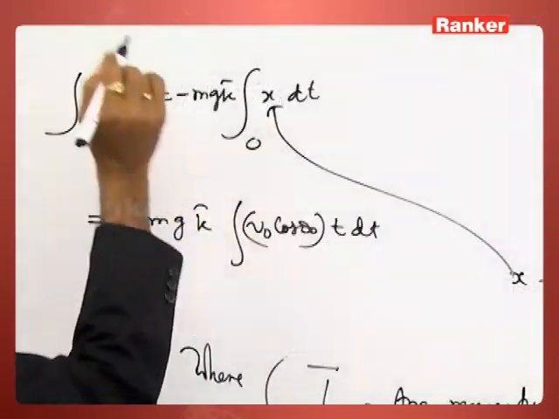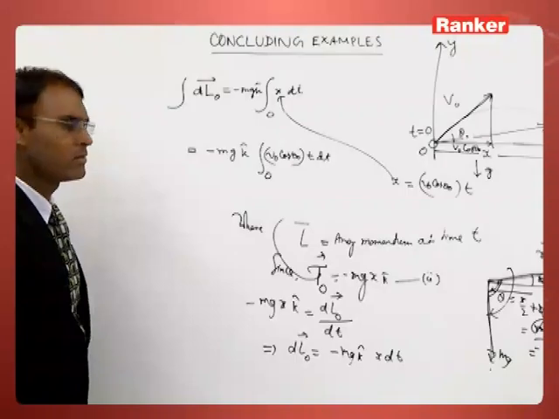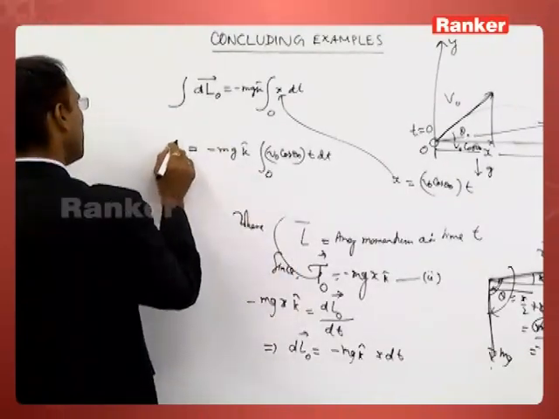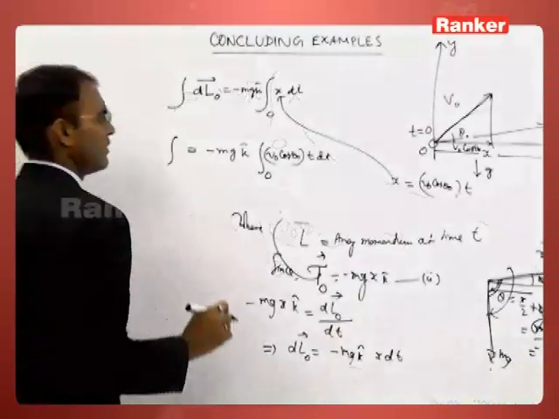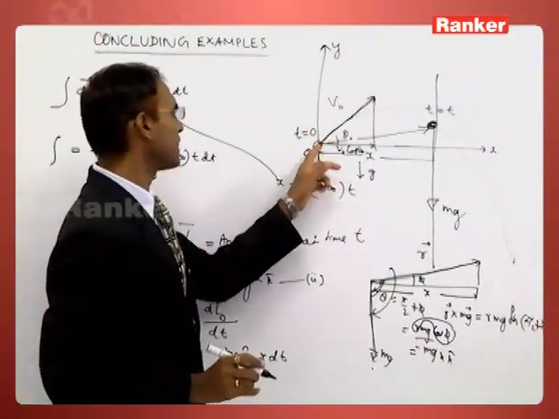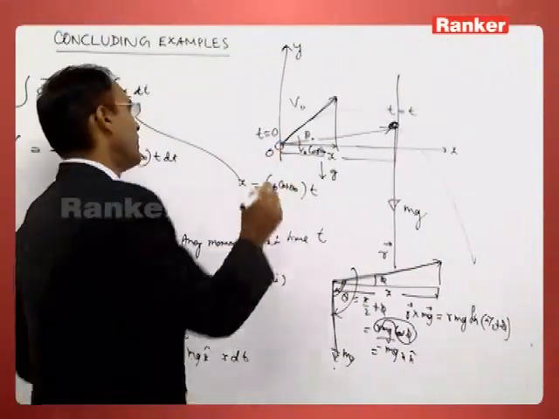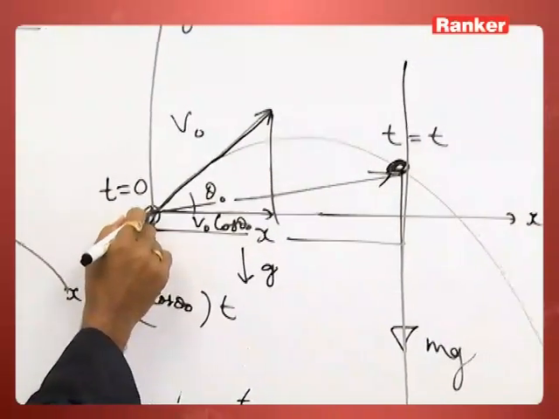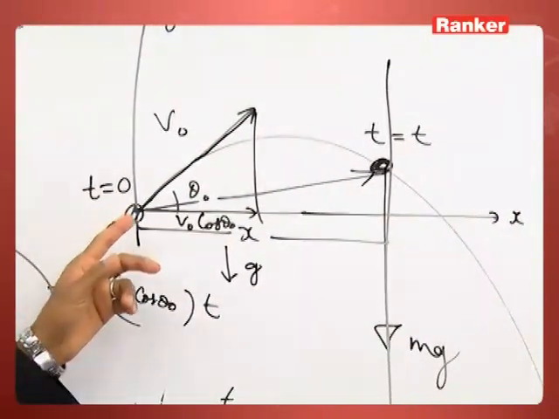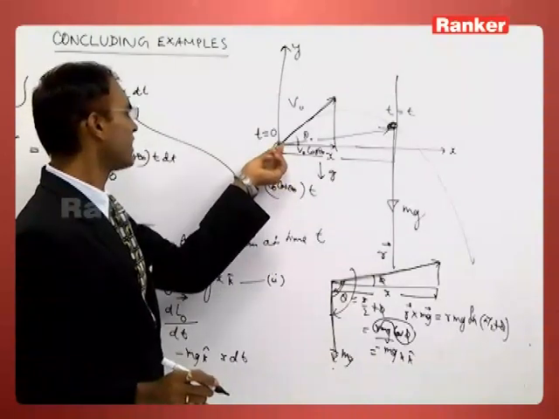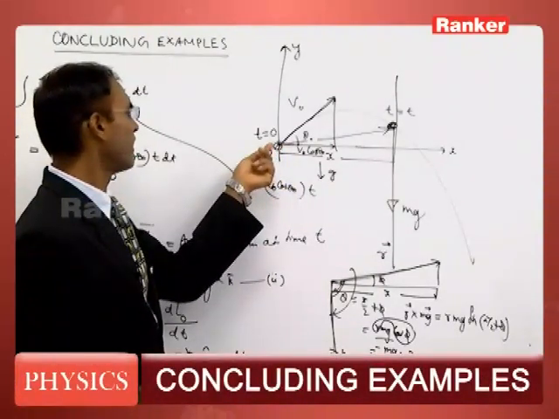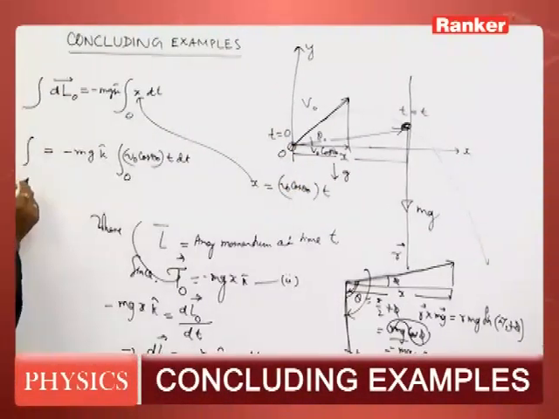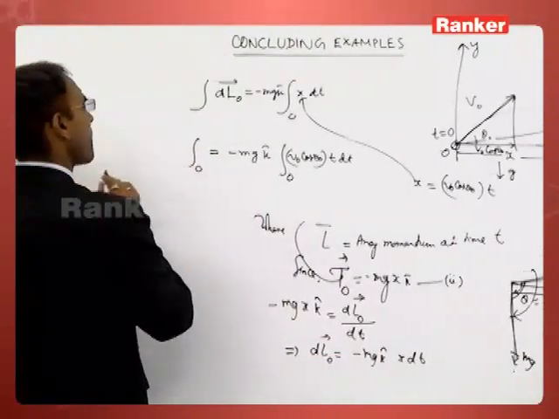At time t equal to 0, the angular momentum will be 0 because the particle was here. When the particle is here, the r vector or the x vector is 0 with respect to this point. Therefore, the angular momentum becomes 0.